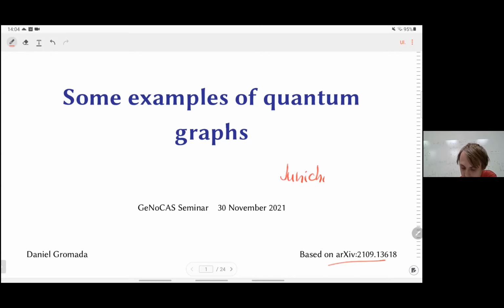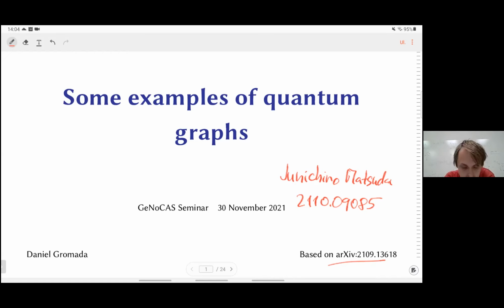Maybe before I start, I would like to mention also another article by Junichiro Matsuda, which has the identifier like this. I guess you can find it by his name. He is now a PhD student of Benoit Collins, who recently published also an article about quantum graphs, which partially overlaps with this article.